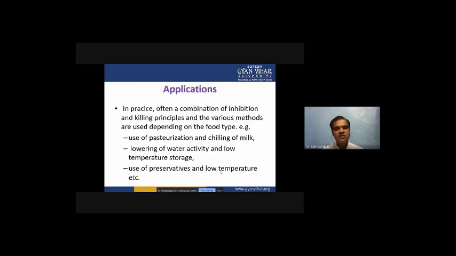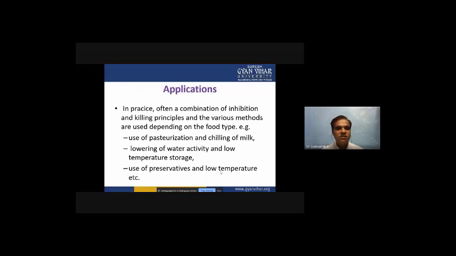Now applications. In practice, often a combination of the inhibition and killing principles and various methods are used depending on the food type, like use of pasteurization and chilling of milk, lowering of water activity and low temperature storage, use of preservatives and low temperature.